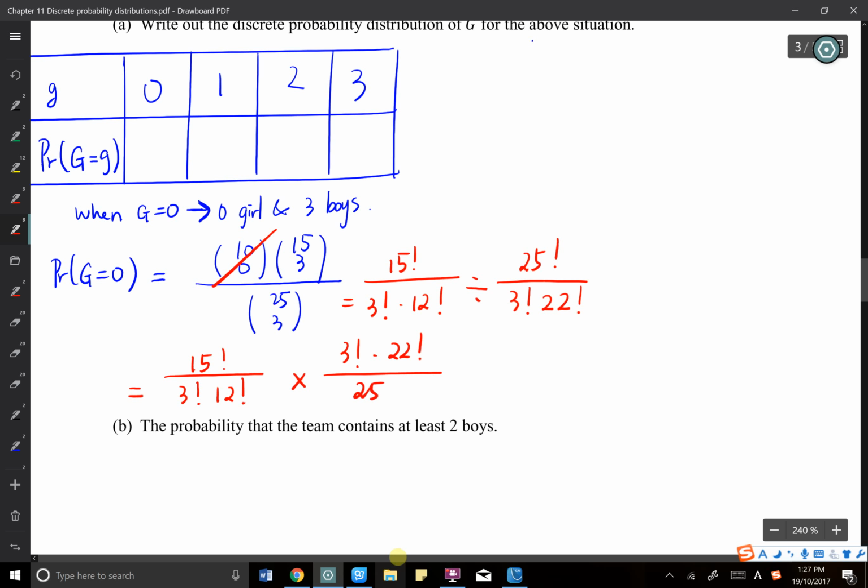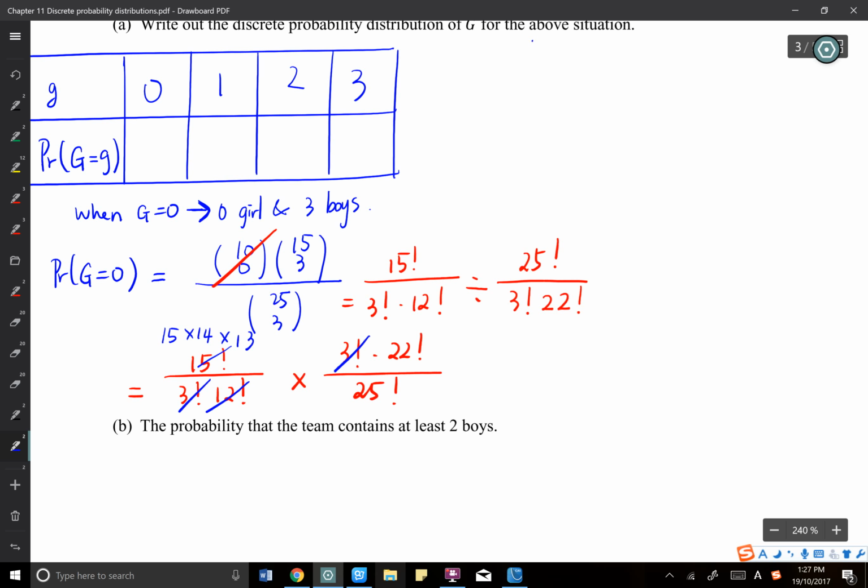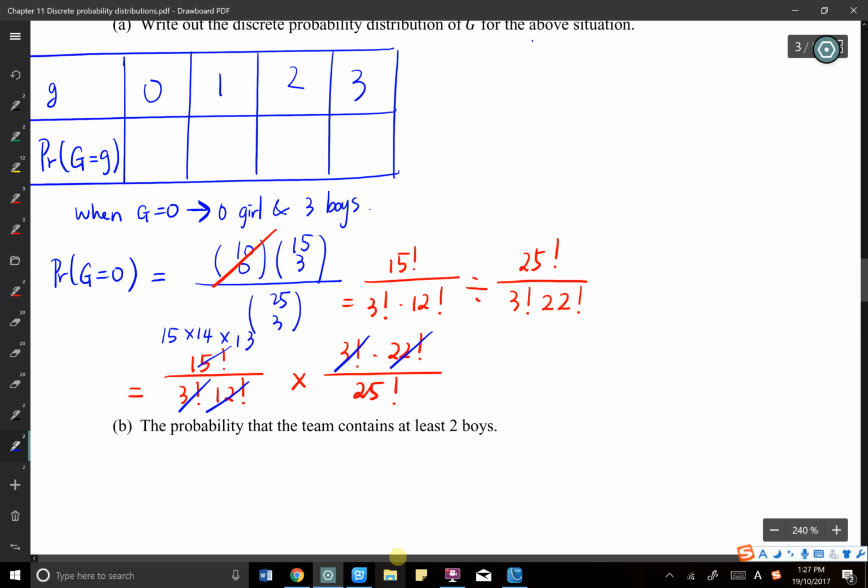The 3 factorials get crossed out. 15 factorial over 12 factorial gives 15 times 14 times 13, the 12 factorial cancels. For 22, the bottom is 25 times 24 times 23.